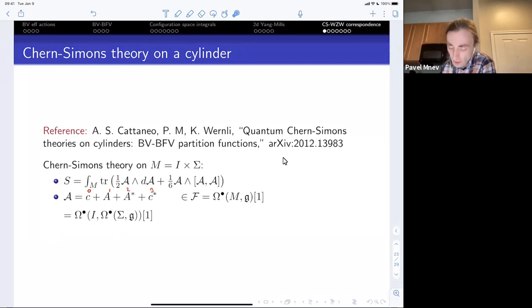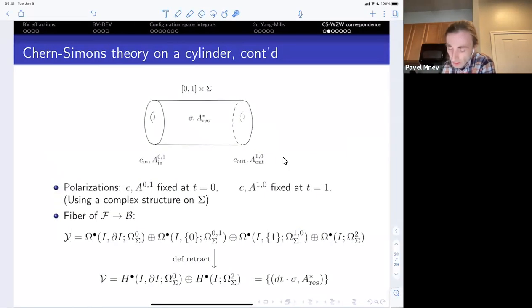So I want to think of this theory as a one-dimensional theory with an infinite dimensional coefficient space. Then we fix particular polarizations on the boundary, with the ghost fixed and the 0,1 component of the connection fixed at one boundary, and the ghost fixed and the 1,0 component of the connection fixed on the out boundary.